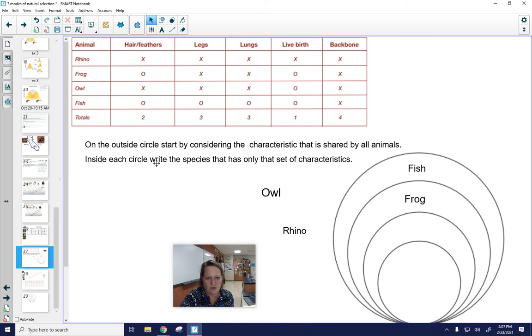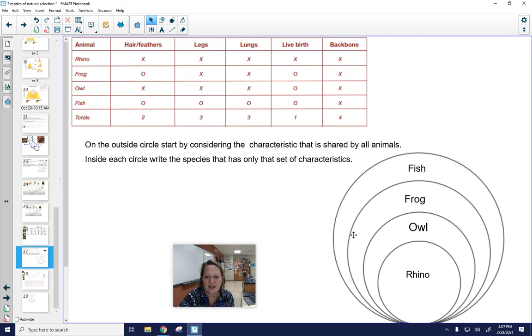And so you write the species that only has that set of characteristics, that's going to be the owl. So now we're saying that the owl has feathers, but it also has the legs and lungs, and it has a backbone. Then the last trait is live birth, and you can see the rhino is the only one that has live birth. So then we're going to put the rhino in the center.